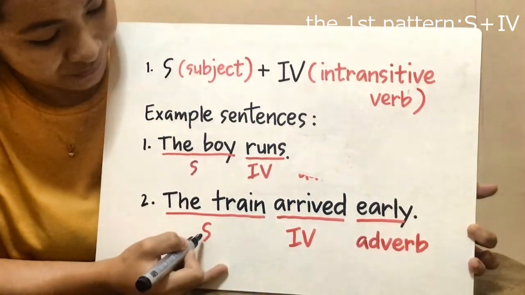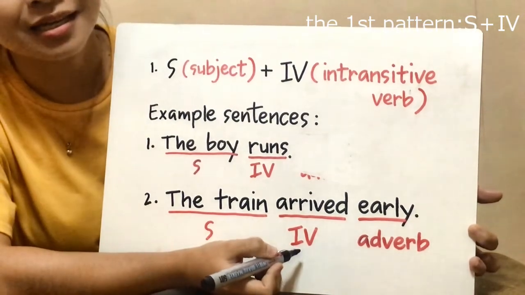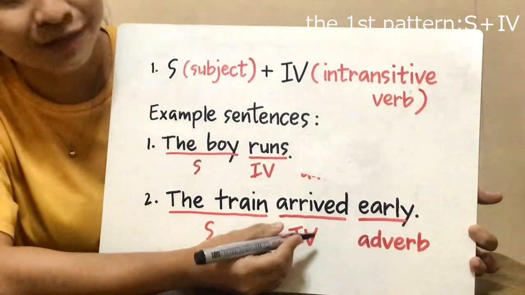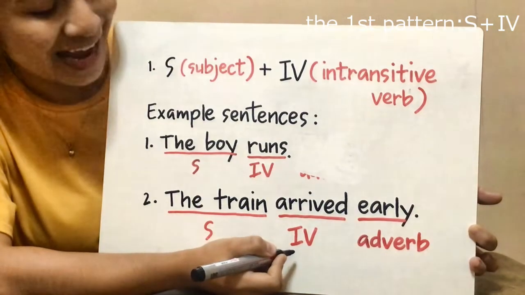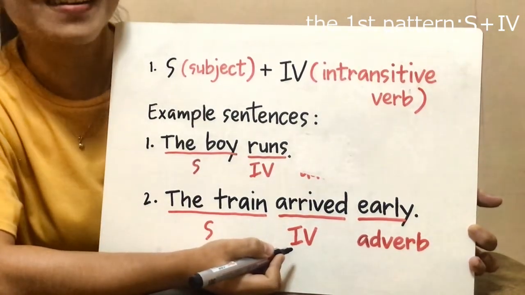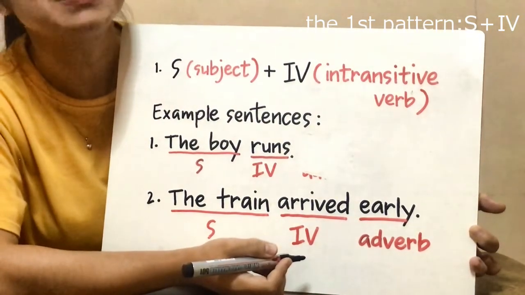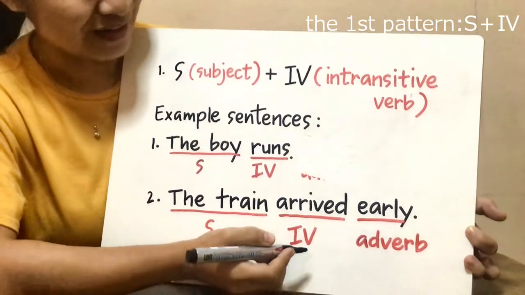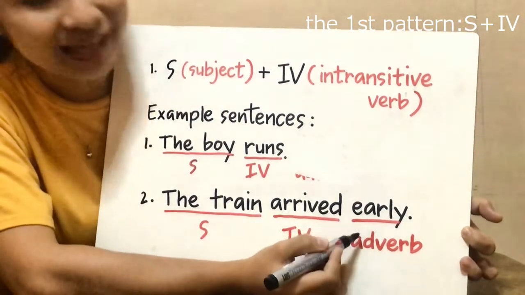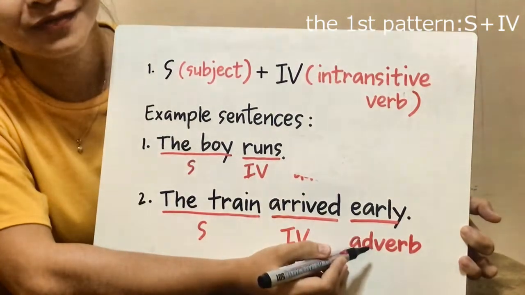And then we have arrived, and it's your intransitive verb. I just added an adverb to make the sentence a little longer and interesting, and to make it more specific as well. So here I put early, and of course, this is an adverb.